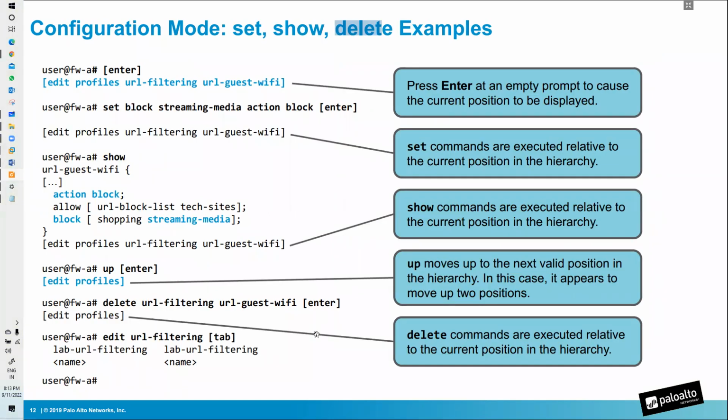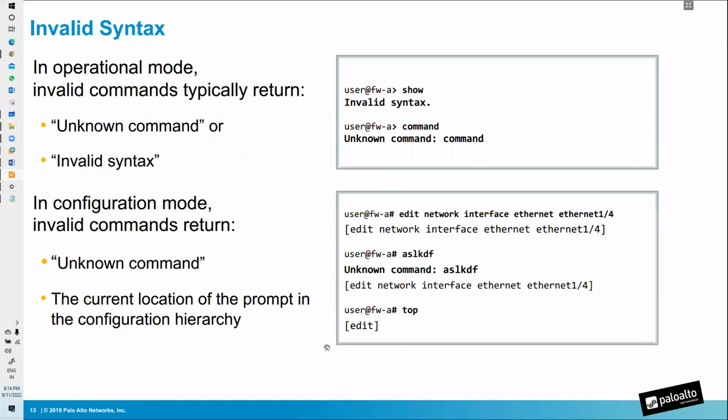Okay, so we have discussed some basics for the CLI and Palo Alto firewall. Now, if I talk about invalid command, you will get two types of error in CLI. One is invalid syntax, and the second one is unknown command. Okay, so you already understand what is invalid syntax.